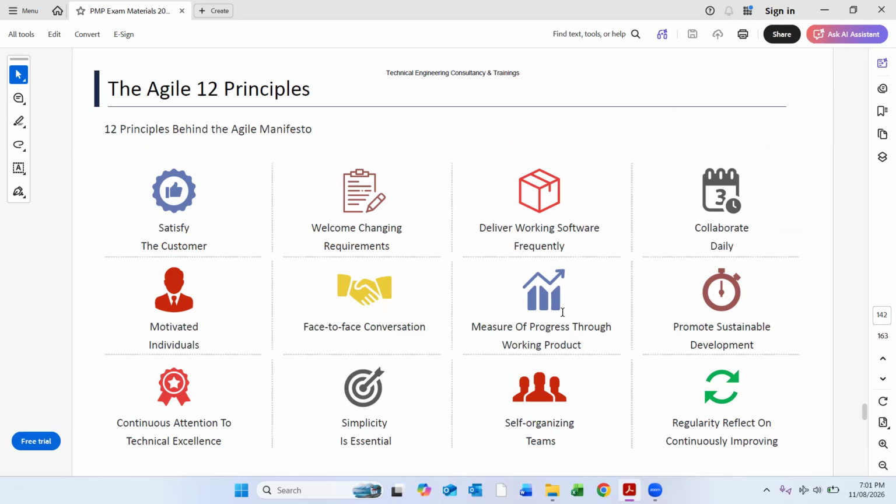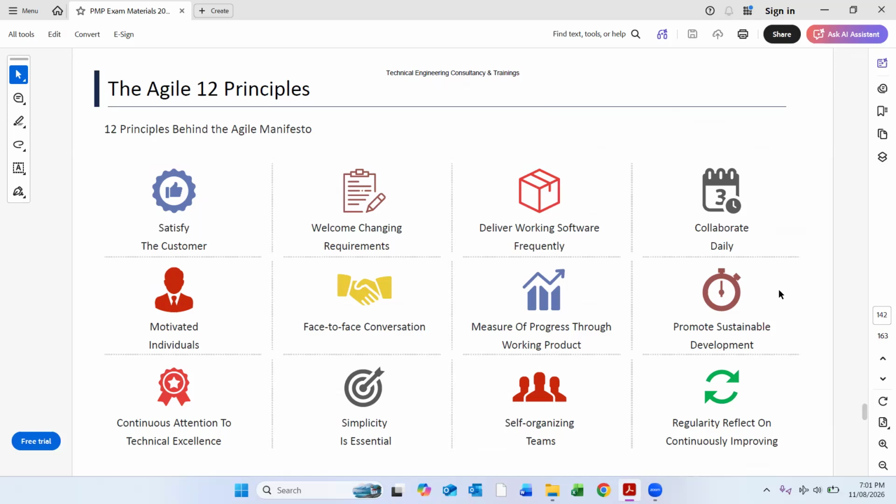These are the 12 principles of agile. The customer should be satisfied. We welcome changing requirements, deliver working software frequently, and collaborate daily. We motivate individuals. Face-to-face interaction is focused on. Progress is measured through the working product.